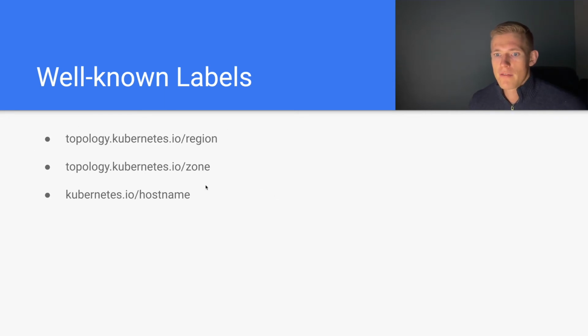node is going to have each of these labels, assuming that you are in fact deploying your Kubernetes cluster to a cloud provider. If not, you will still have the kubernetes.io/hostname deployed, but then you're going to have to look at your own strategy in terms of the regional and zone topology keys.